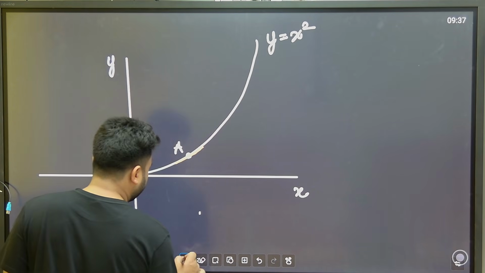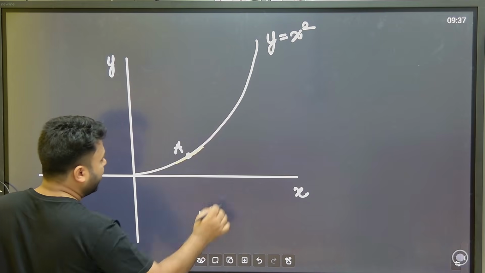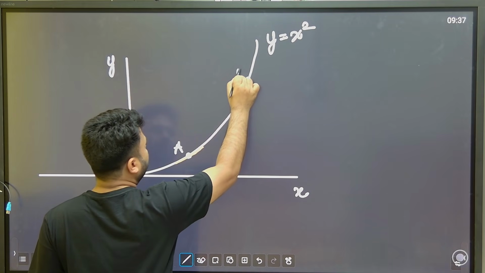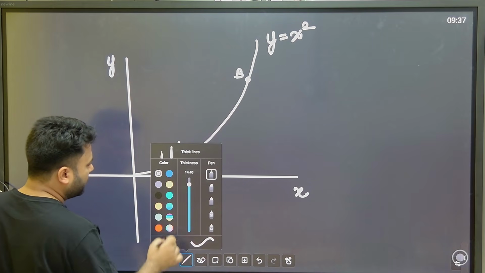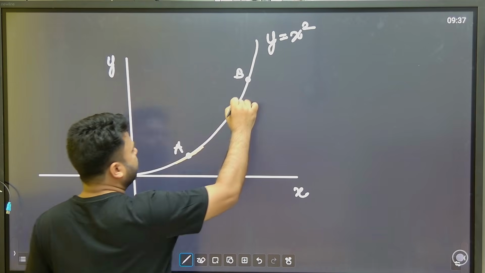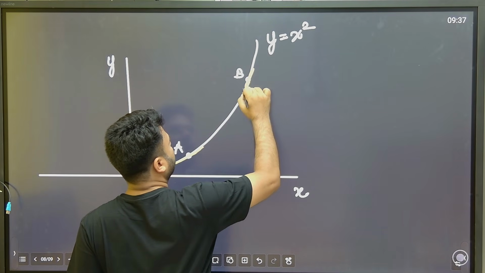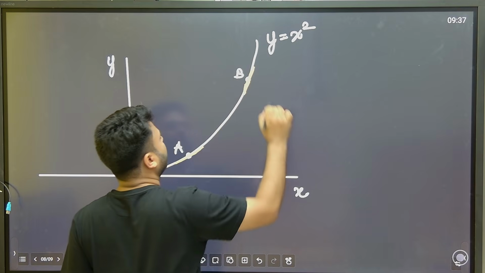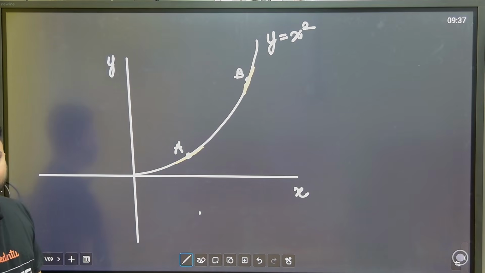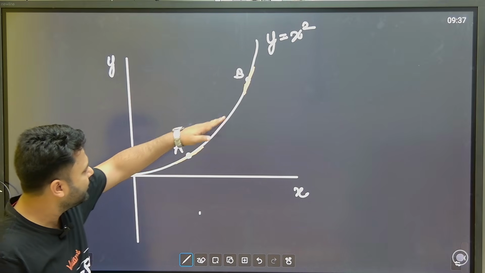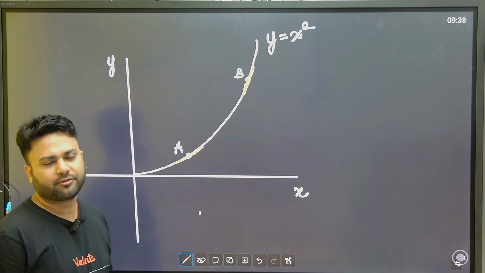Similarly, if someone asks what is the slope at this point B, you have to do the same. You have to draw a tangent to the curve passing through this point. Now you can feel that the slope here is less, however the slope here is more.